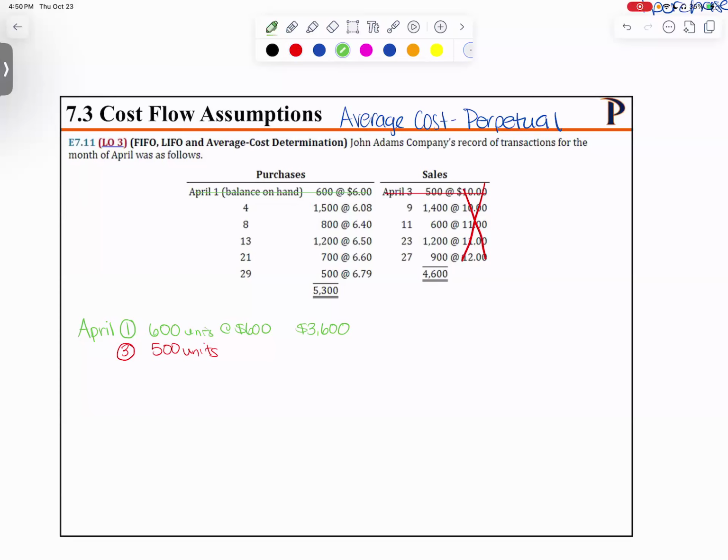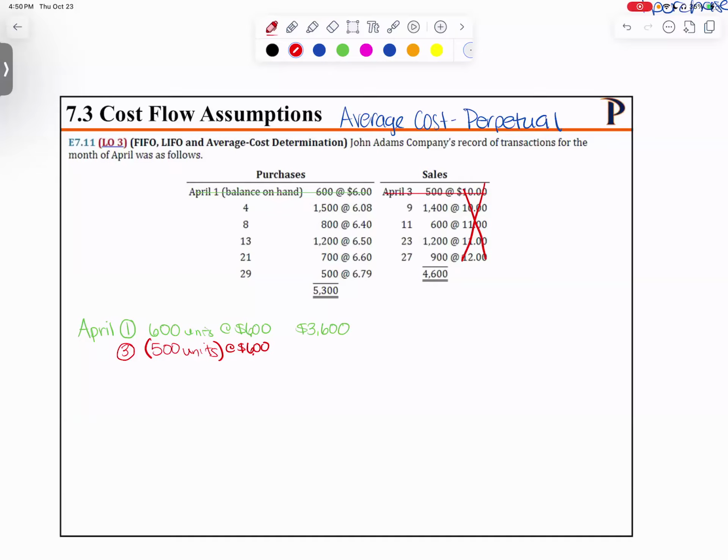So here we have, sorry, this should say $6. 500 units. And then we are going to look at the average cost of what we have available. At this point, we just have our beginning inventory. So we know that these 500 units are going to be sold at $6. I also like to put things in parentheses so I can remember that I'm subtracting them.